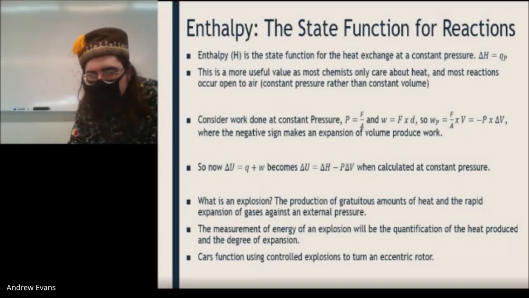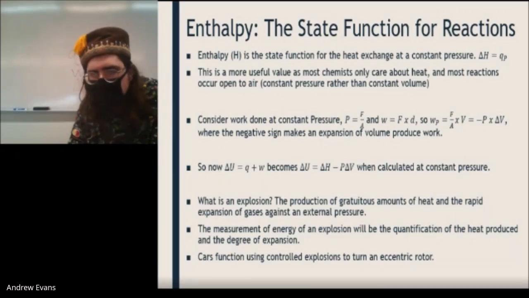Now, considering work done at a constant pressure. Pressure is force applied over an area. And if work is force times distance, we can say work at a constant pressure is a force divided by an area times the volume, because area times the distance would be volume.